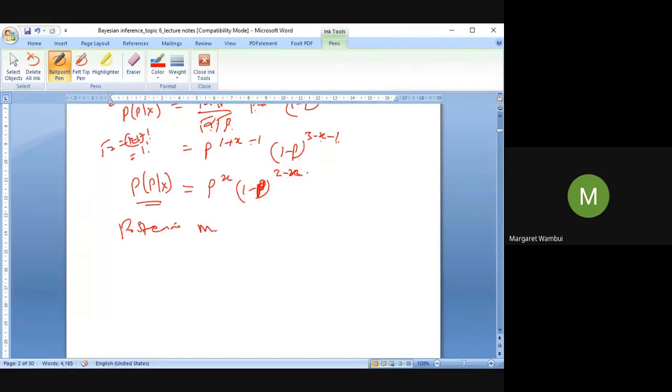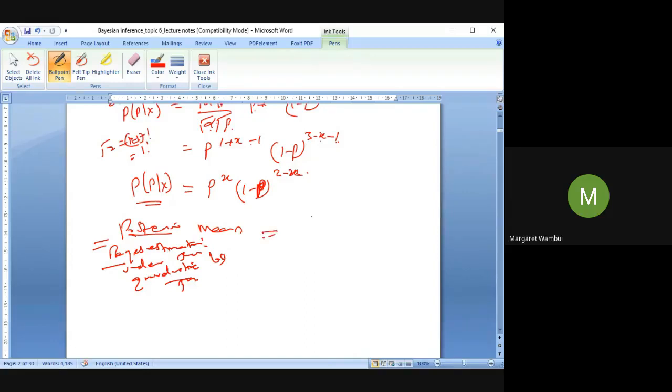And remember, if I were asked to get the Bayes estimator under the quadratic error loss function, this is actually my posterior mean. But if I were asked to get the Bayes estimator under the absolute error loss function, then I would look for the median. So in this case, the posterior mean is equal to the Bayes estimator under the quadratic loss function, or the squared error loss function.